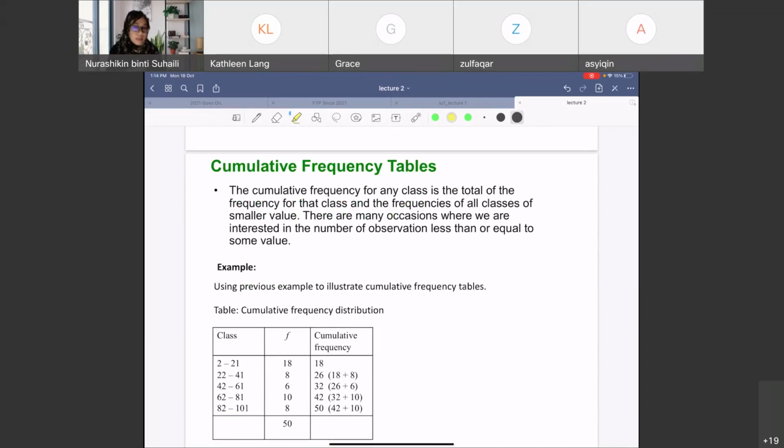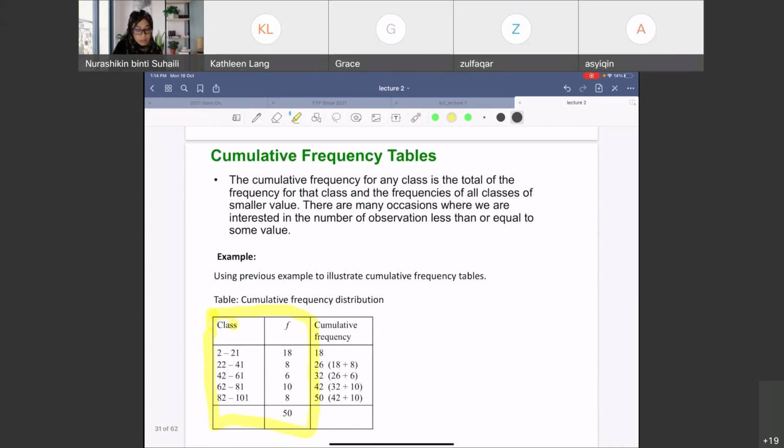What is meant by a cumulative frequency table? Initially we talked about these two columns: class and frequency. When we have cumulative frequency, it means we sum up from one class to another.